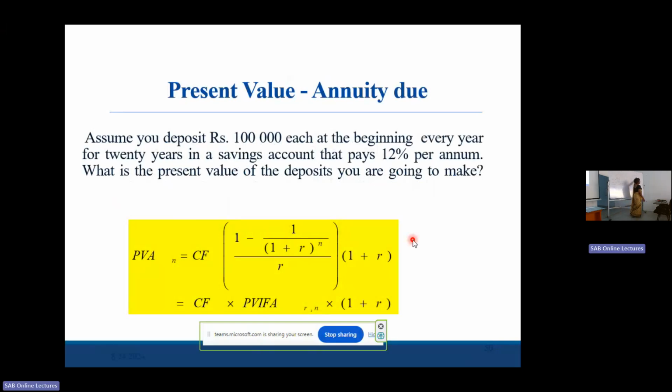This occurred at the beginning of year 3, so you have to discount only 2 years.